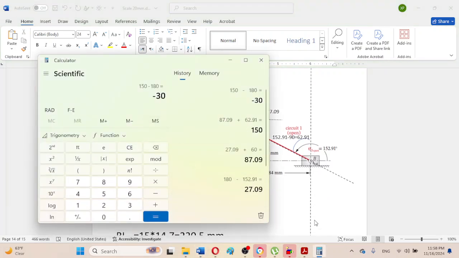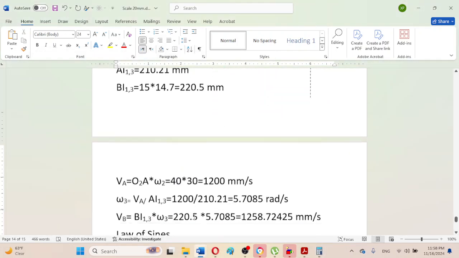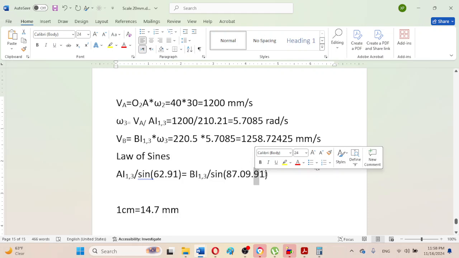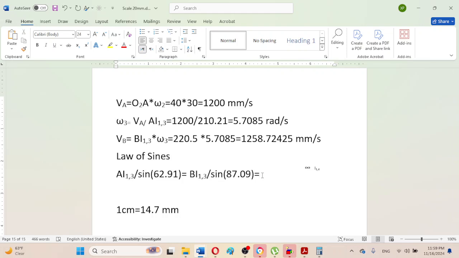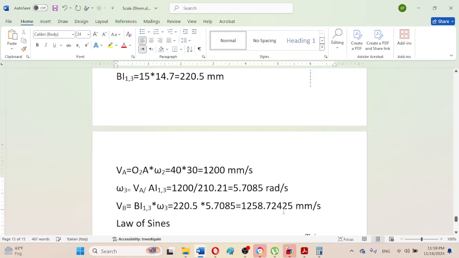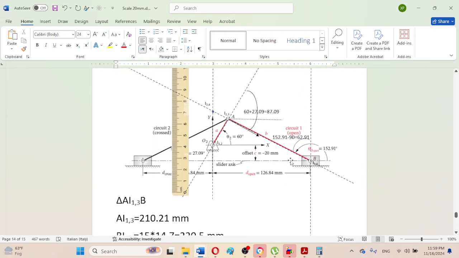So just change the angle to 87.09. Again just paste it here and change this to AB, which is this connecting rod itself.